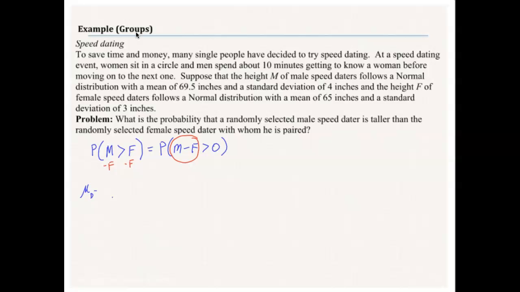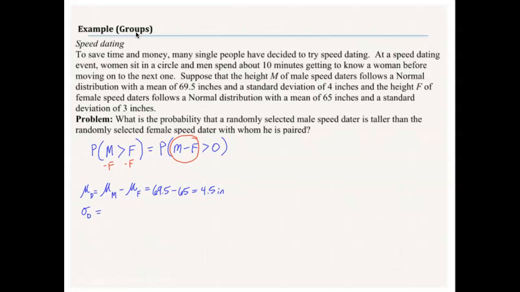The mean difference is just going to be the mean for males minus the mean for females, which is 69.5 minus 65. So the new mean is 4.5. And then to get a combined standard deviation, even if it's a difference, we have to add the variances.